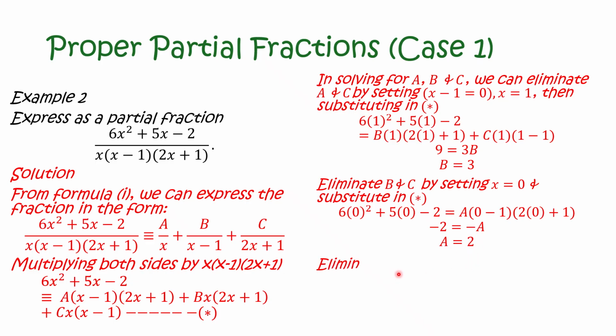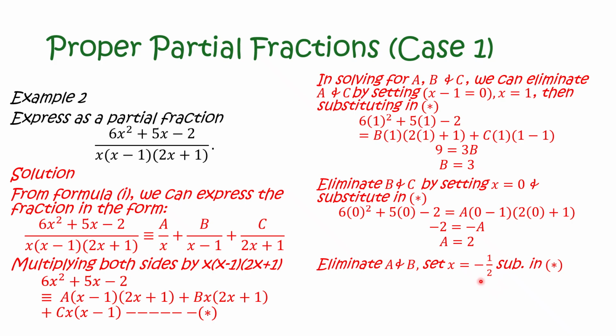We use the same approach in order to eliminate a and b by setting x is equal to minus 1 over 2 and substituting it into equation star. I'm sure we see where we got this x is equal to minus 1 over 2. We just set the 2x plus 1 being equal to 0.